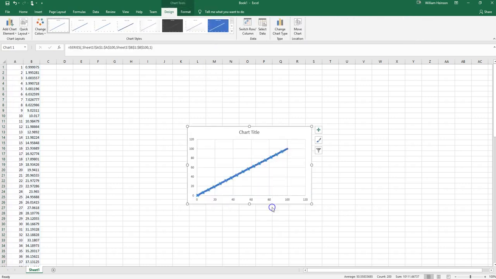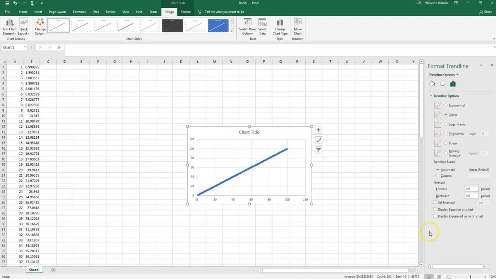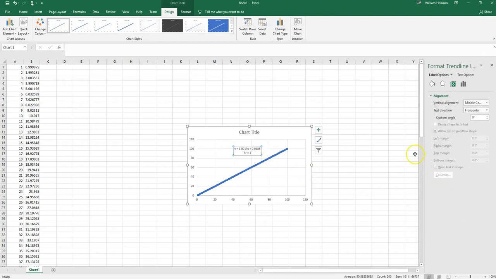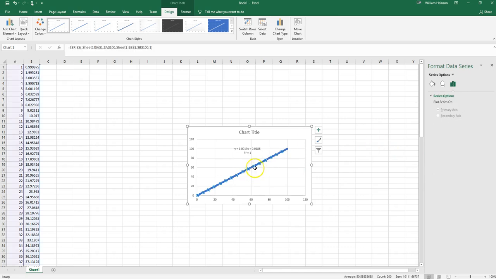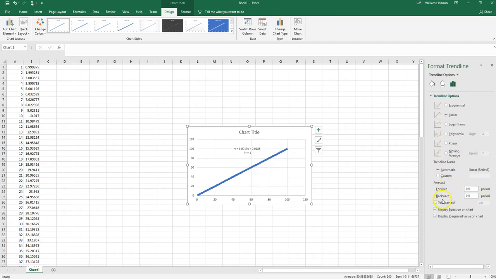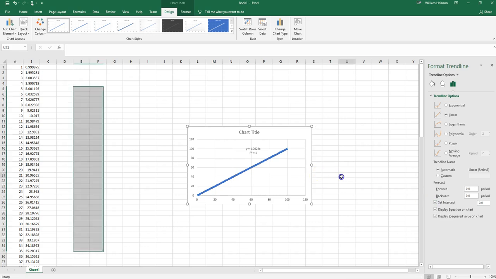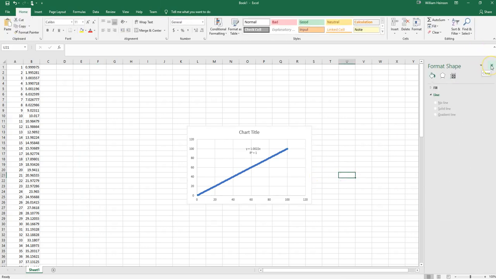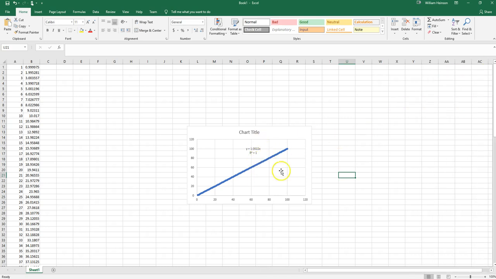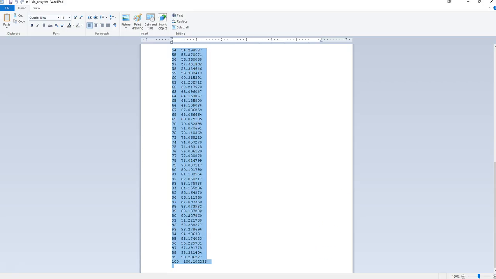Let's fit it. We want linear. Display. I'm going to set the intercept. You can come here, format trend line, set intercept to 0. There we go. 1. Okay, so that's 1. So 1 times time, x is time here. So that means 2D is 1, so D is a half. Good.